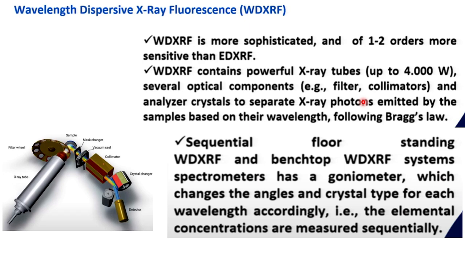Sequential floor standing WDXRF and benchtop WDXRF spectrometers have a goniometer to change the angle and crystal type for each wavelength, since it is measuring the wavelength. So the angle and crystal type change, and the elemental concentration can be measured sequentially through the WDXRF.